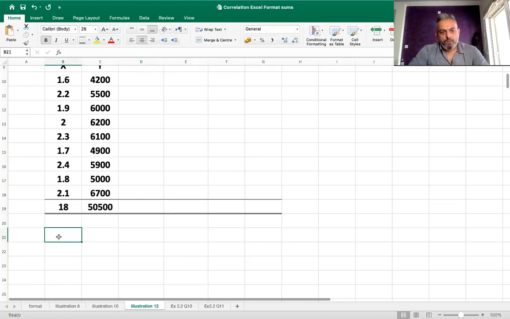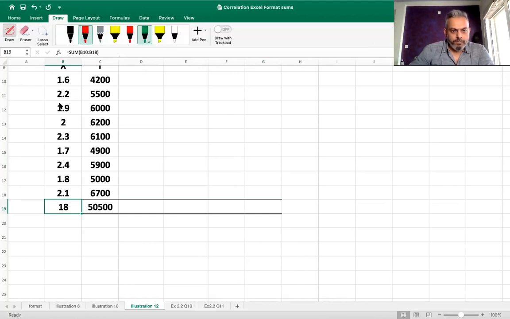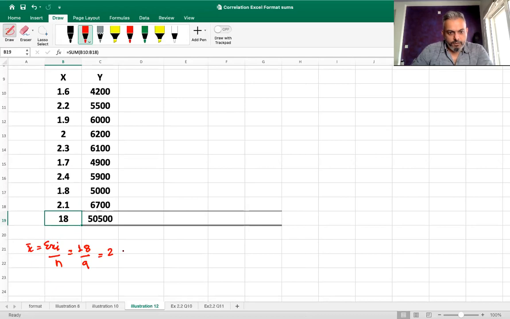Okay, now let's find out the mean first. X bar is equal to sigma xi upon n, which is 18 upon, now what are the numbers? 1, 2, 3, 4, 5, 6, 7, 8, 9, which is equal to 2.